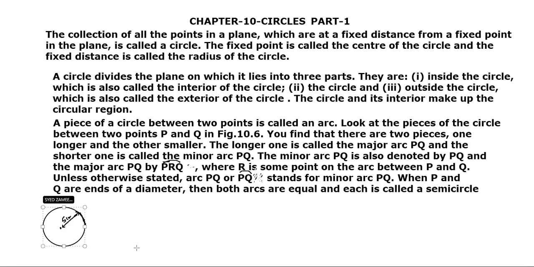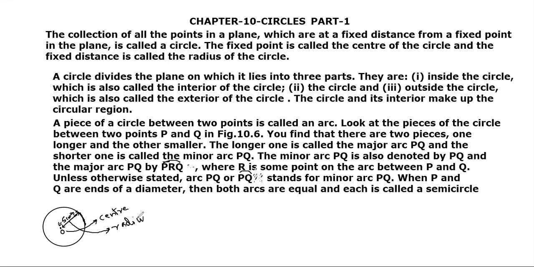This is a fixed point O, and if you take, at the boundary of the circle, all the points which are at a fixed distance, that is the fixed point and the fixed distance. This fixed point is called the center of the circle, and this fixed distance is called the radius of the circle.